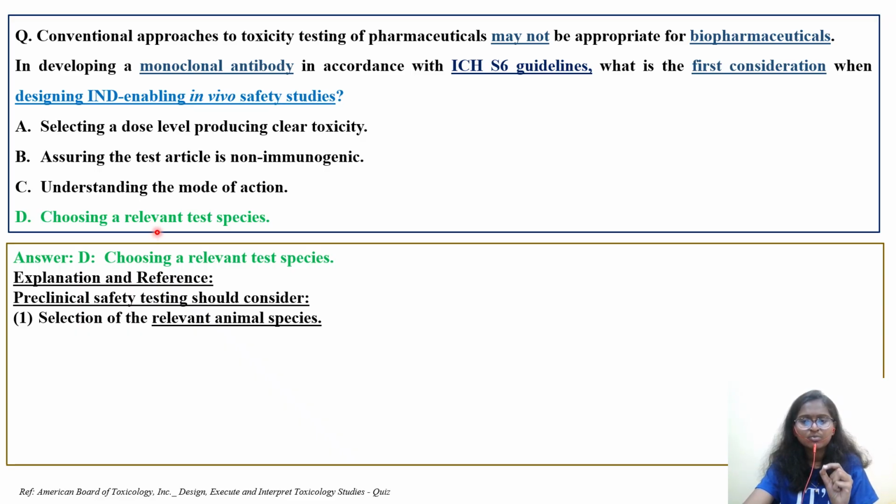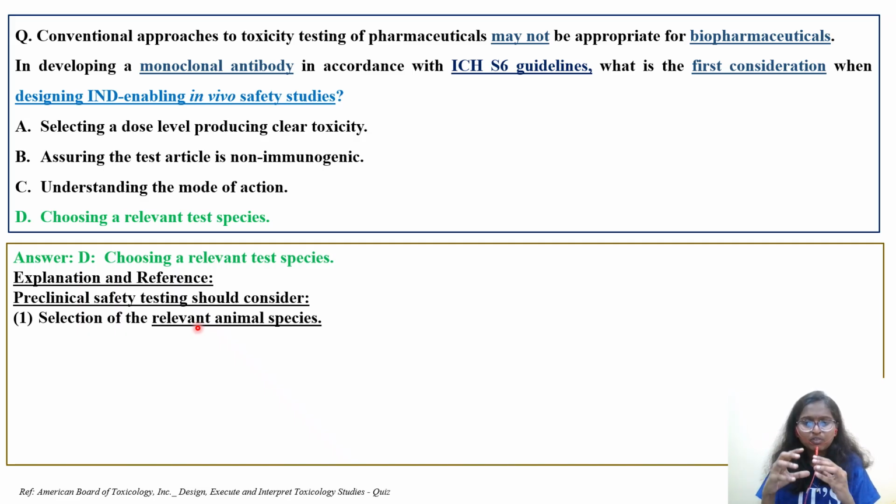for designing IND enabling studies. So first, what preclinical safety testing should be considered when you're doing it for a biopharmaceutical? One is selection of the relevant species. Here, the meaning of relevant species is that, when you deal with conventional traditional molecules, you will be doing studies in mice, rat, rabbit, dog, monkey, like that.